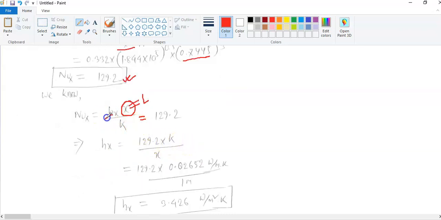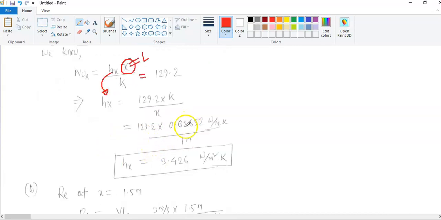So if you solve this for h_x, it will be 129.2 into thermal conductivity over the distance. Substitute that value, and the distance is 1. So for h_x we get the local convection heat transfer coefficient as 3.426 at x equal 1 meter distance from the leading edge.